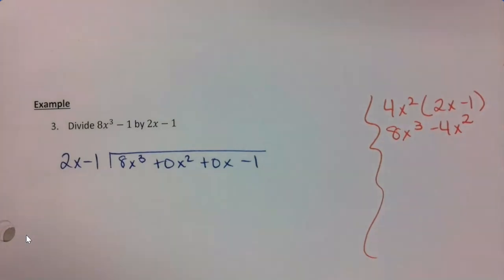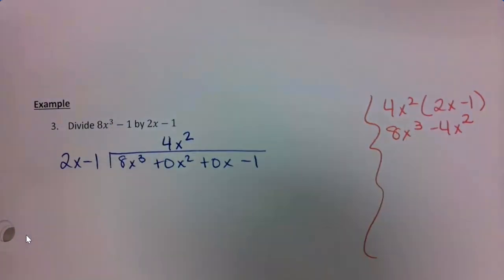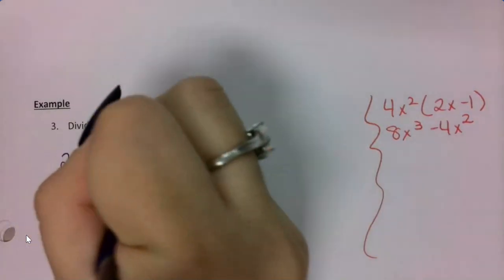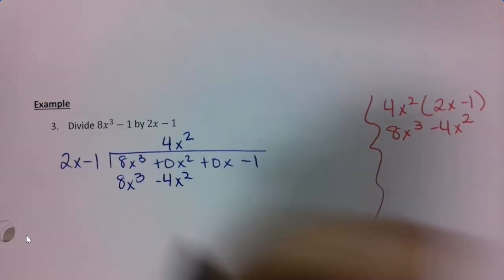Okay. So then I want to write what I multiplied above my division symbol. And then I want to write what I got below. So I have 8x cubed minus 4x squared.